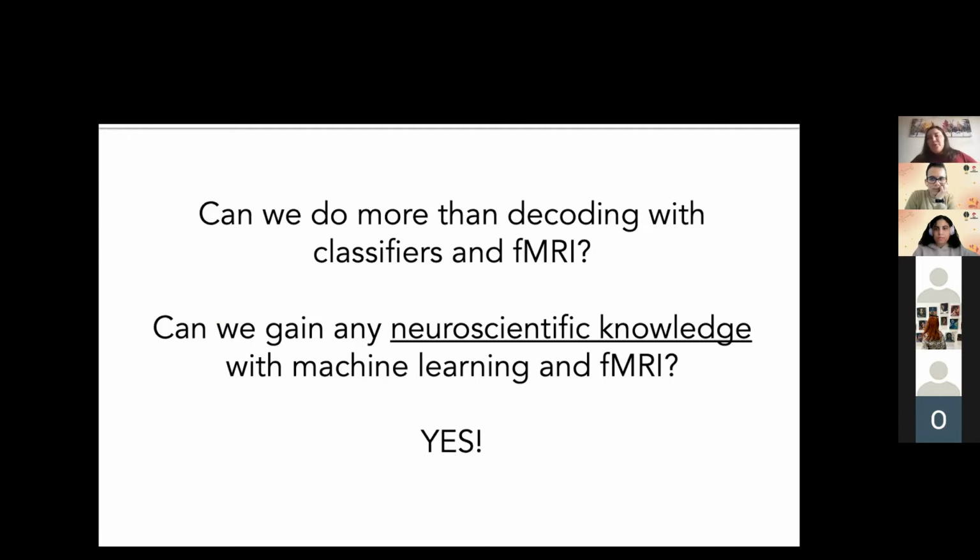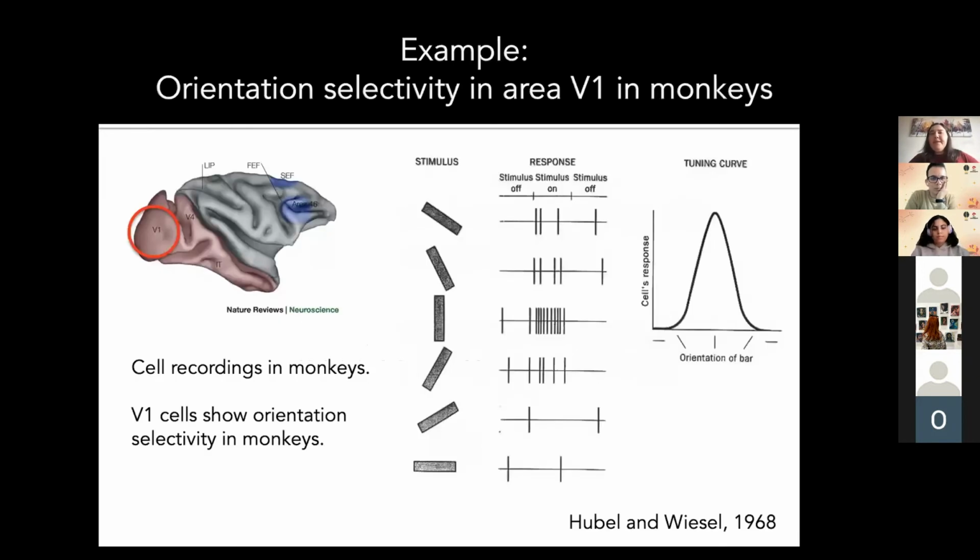To demonstrate that, I would like to give an example from a very well studied domain, namely orientation selectivity in primary visual cortex in primates. We know from cell recordings in monkeys, for example in macaque monkeys, that V1, the primary visual cortex, shows orientation selectivity.